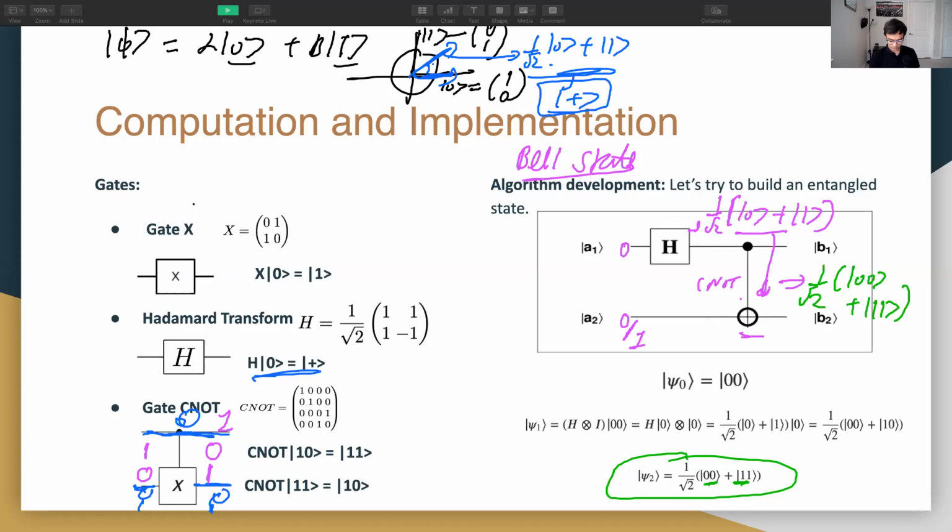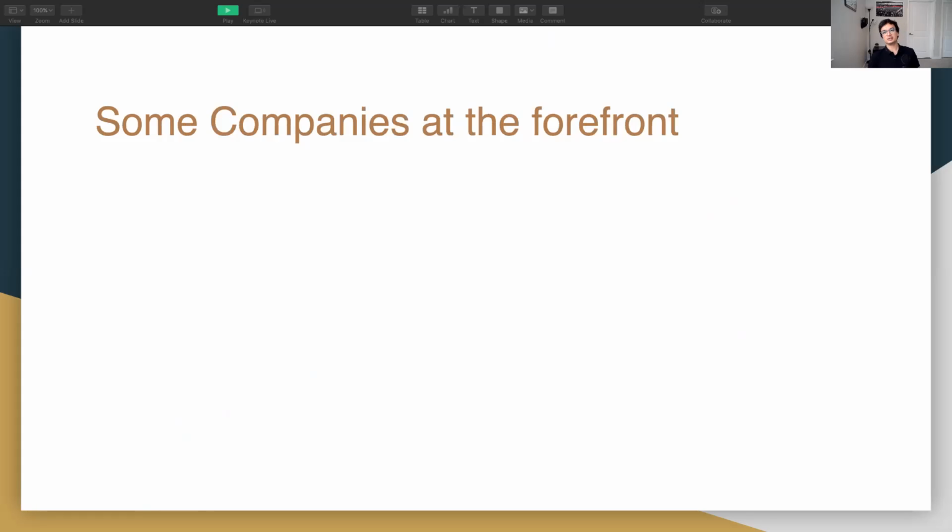So only these two states will exist, and that's how these are entangled. Now I can say that my A1 and A2 are entangled. So this is how we can implement algorithms, and we can use different gates to implement more complex algorithms in quantum computing. So this is about the mechanics.